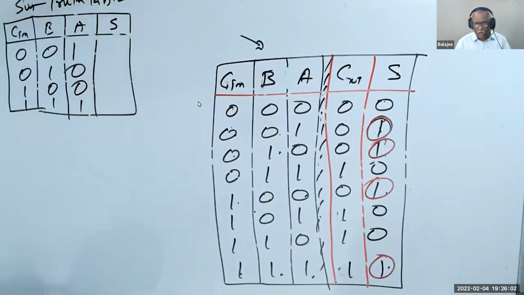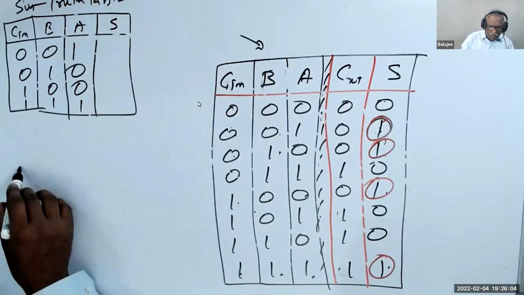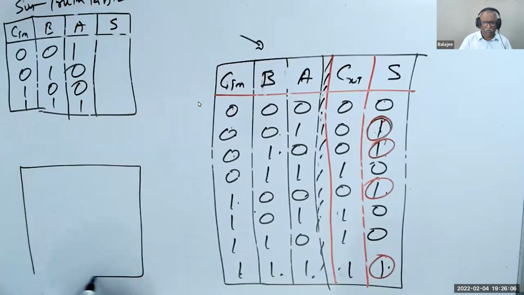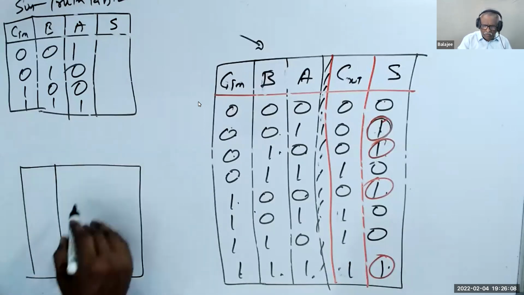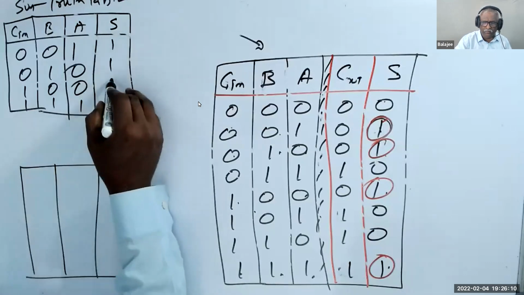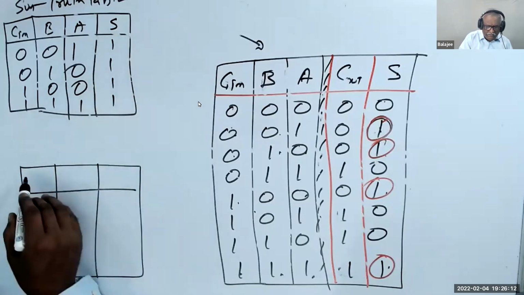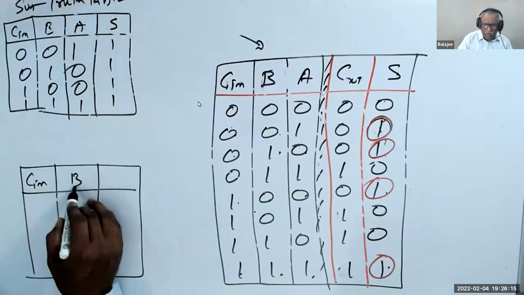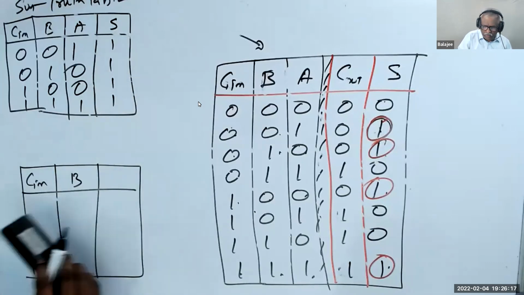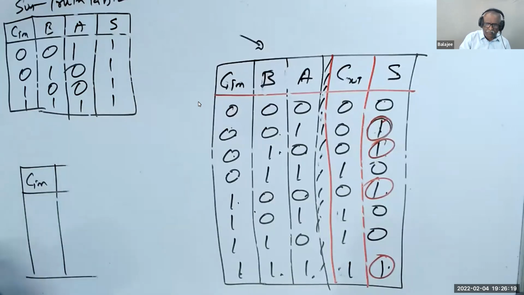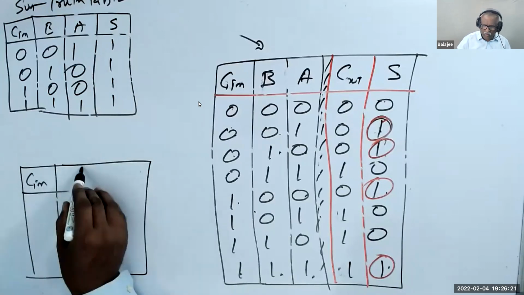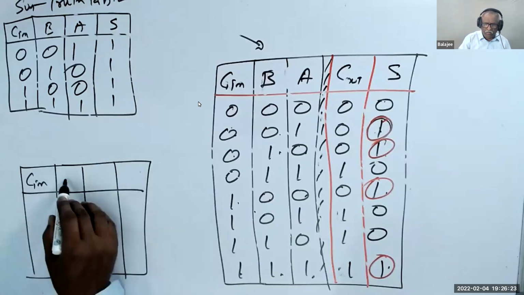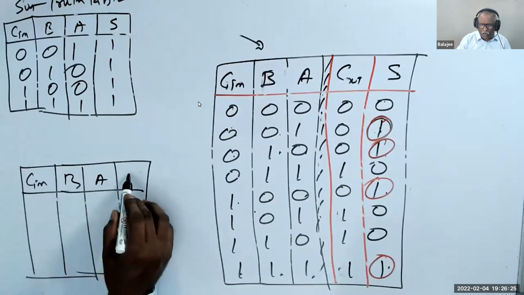Okay, now we are going to create another table, for the case where C out is 1. We have C in, B, A, and C out.